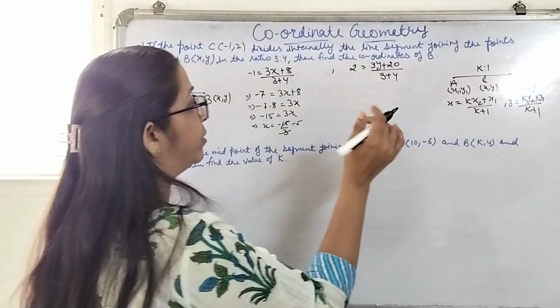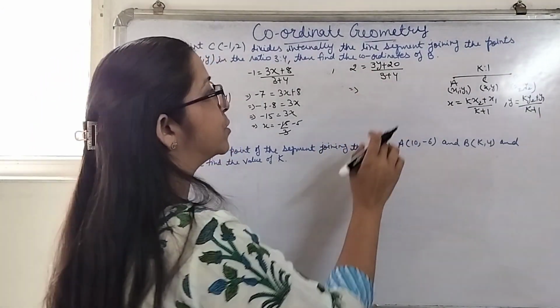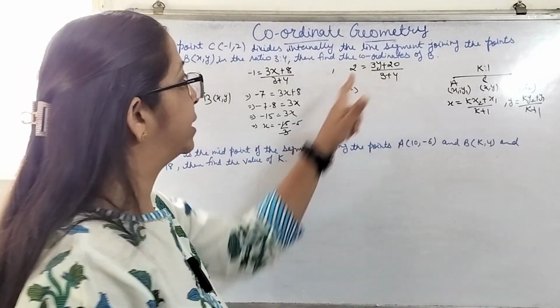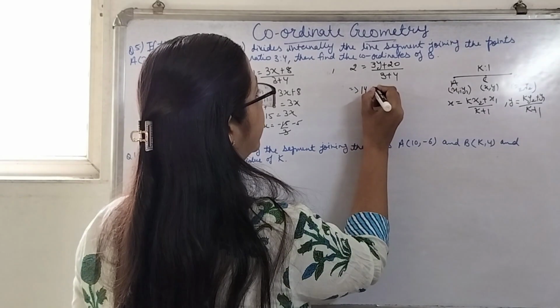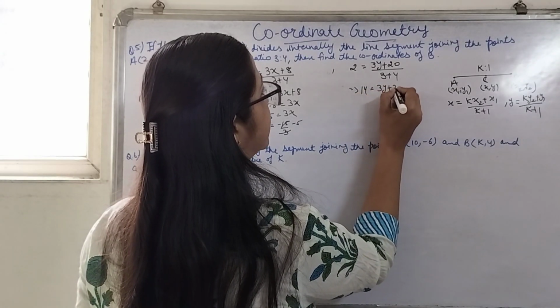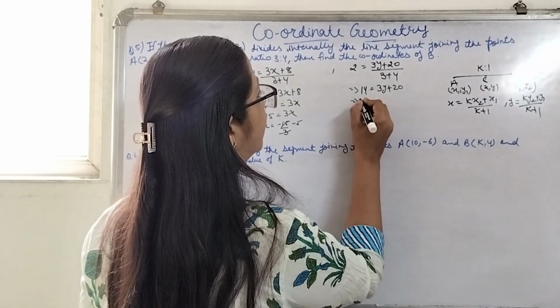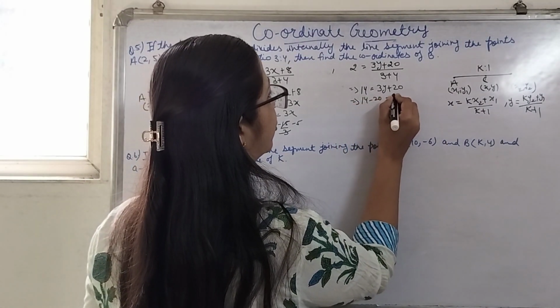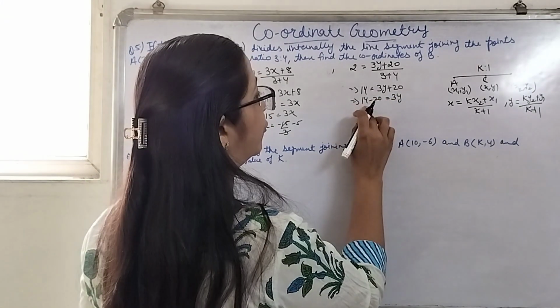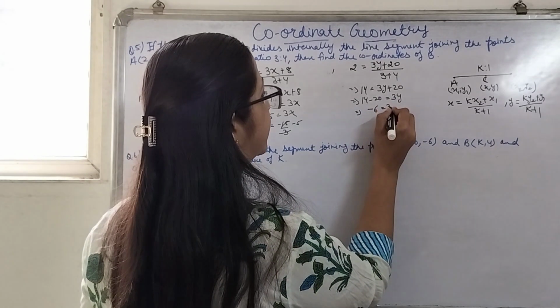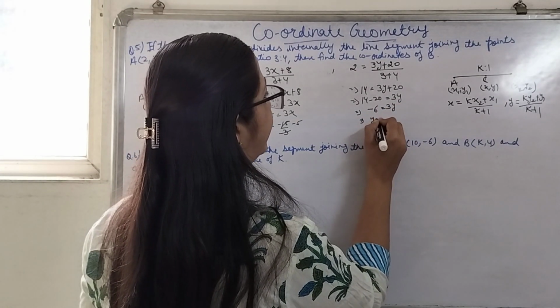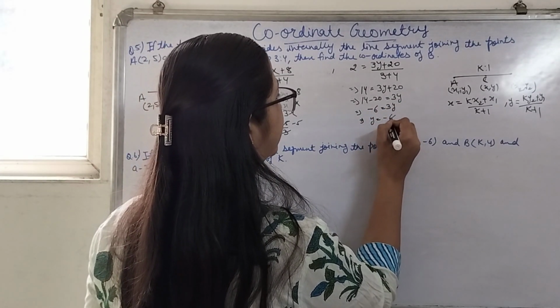And from here if we will be solving it further, 3 plus 4 will become 7, 7 multiplied by 2 will be 14, it is equivalent to 3y plus 20. If I'll take this 20 over here, this will become 14 minus 20 is equivalent to 3y, or 14 minus 20 will be -6, or we can say y will be -6 divided by 3, that is -2.